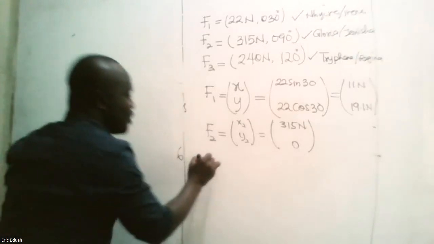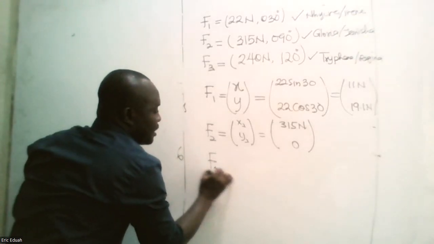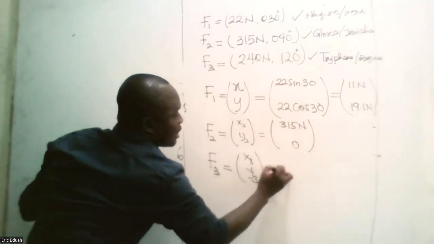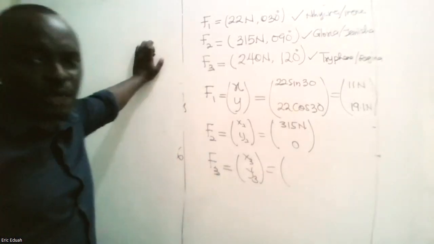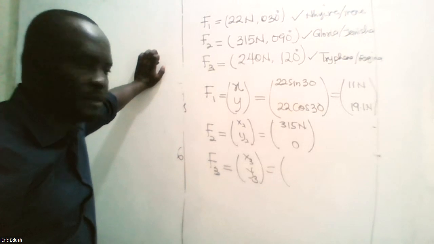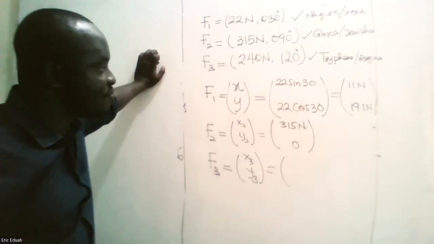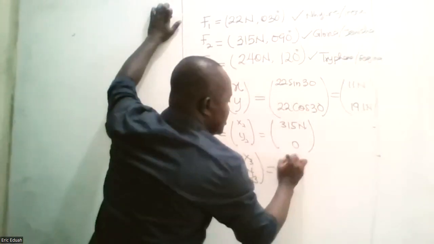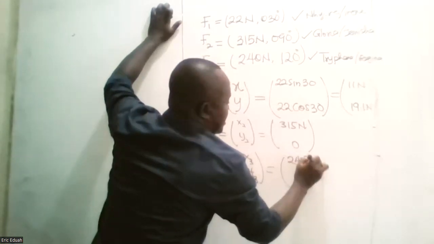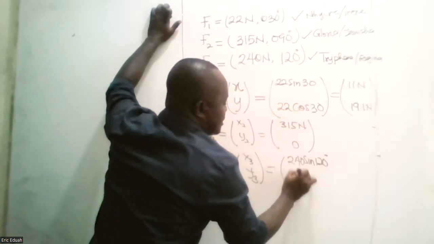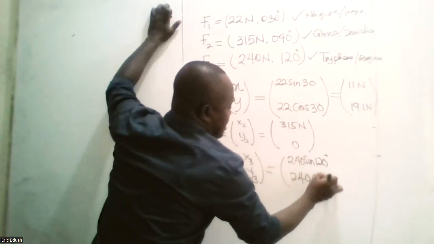Okay. So F3, so X3 and Y3. Regina and Trifina, what did you also make? Please, I got for the X component 240 sin 120, and 240 cos 120.